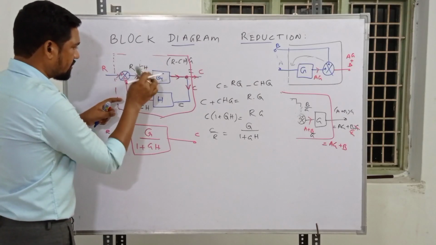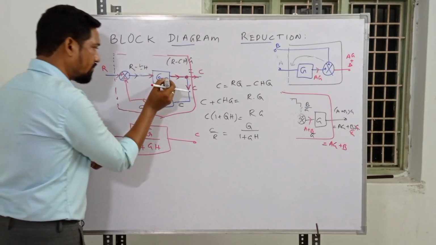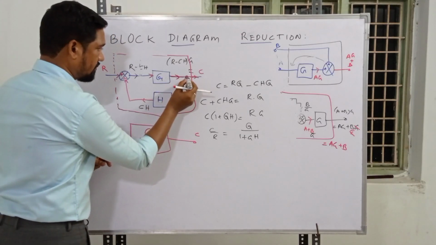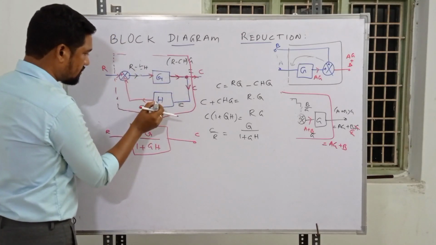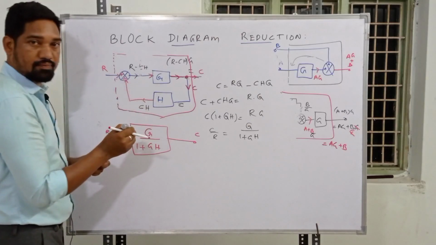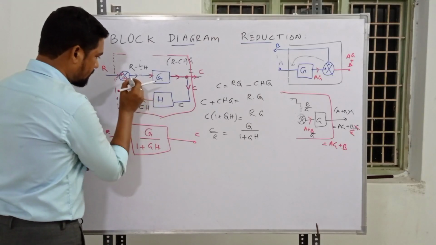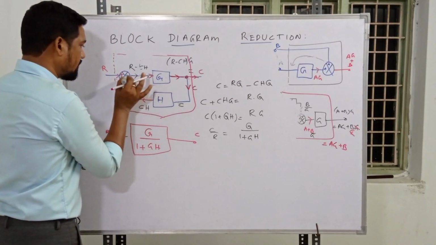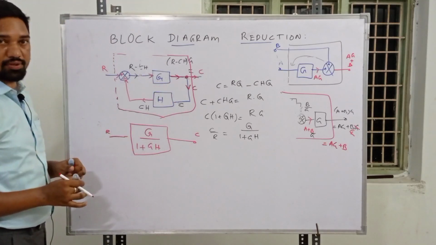Nothing should be between G and this takeoff point. Nothing should be in between this block and the summing point, nothing between the summing point and G. We have to make sure of that, right?